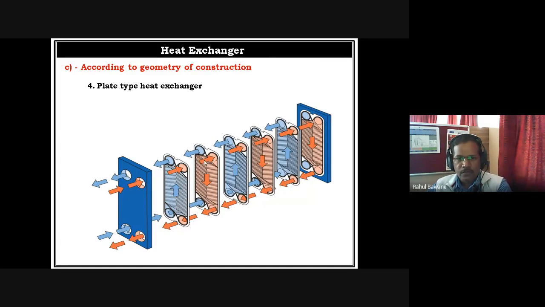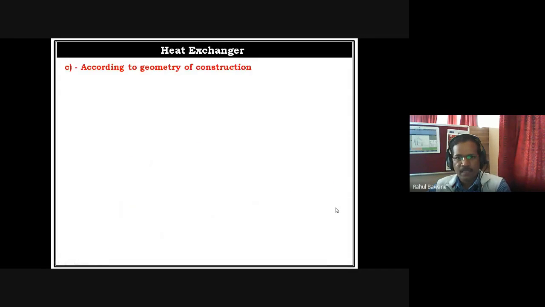So hot fluid during its pass will deliver heat to cold fluid. Obviously, there is a partition of this plate. So cold fluid density will decrease and the low density cold fluid moves upward and comes out as an outlet. Hot fluid during its pass will deliver heat, become colder and move out from the bottom side. So this is a sandwich plate kind of heat exchanger.